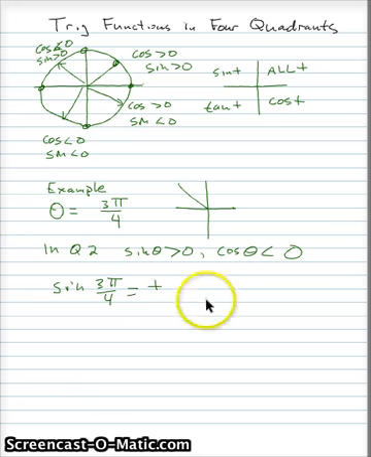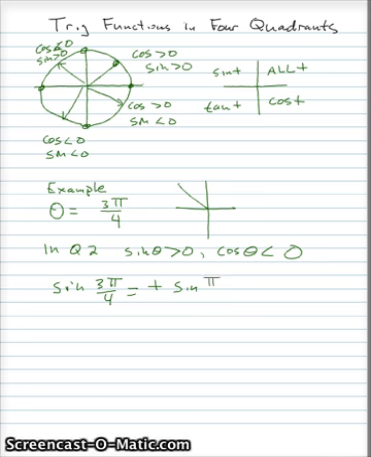What is the reference angle? What is the measure from 3 pi over 4 to here? That's pi over 4. So we always establish our sign first and then evaluate it at the reference angle. So it's positive sine of pi over 4.